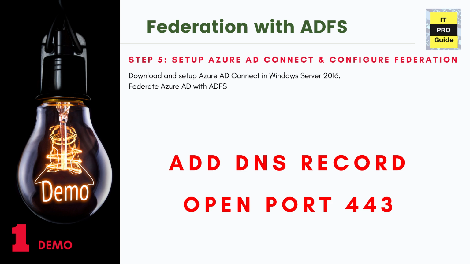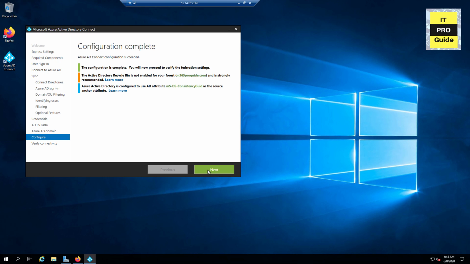Before you click to verify, you have two steps pending. One is to open port 443 from outside if you're going to do this for a production environment. The second step is to add the public IP address to your DNS manager for external access.